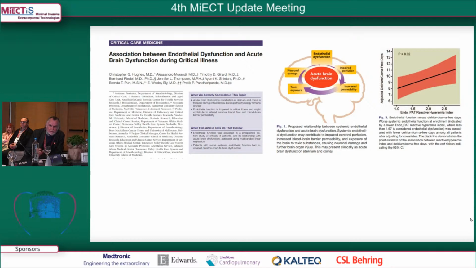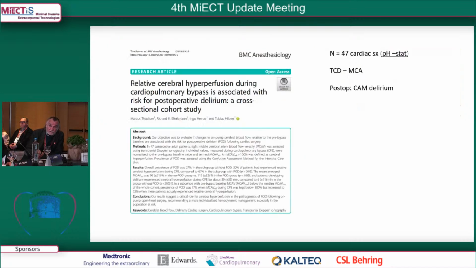In this case, they were focusing very particularly on CNS outcomes and delirium, and showed once again that there was a correlation between impairment of the vasoreactivity of the microcirculation and the occurrence of various types of acute brain dysfunction.